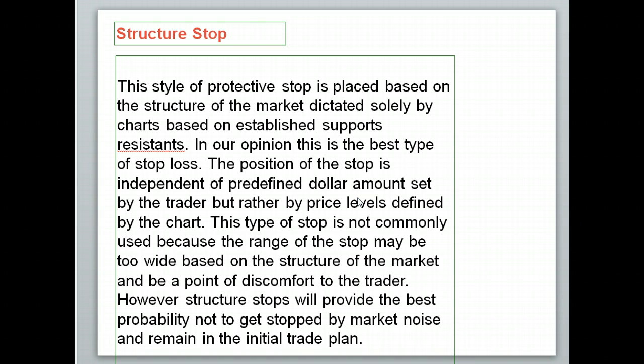Again, what makes that happen is the fact that for market manipulators to come and hit a level that is too close to your entry and stop you out is much easier than for them to come down and break a significant structure stop, because they will have to spend a lot of money to bring the market to that level, knowing that after that it should continue, let's say in this case, to the upside.